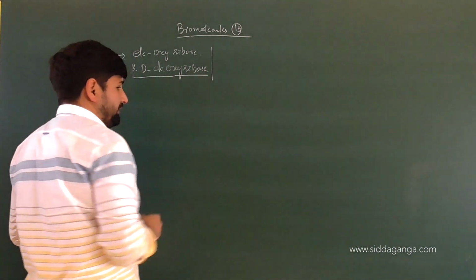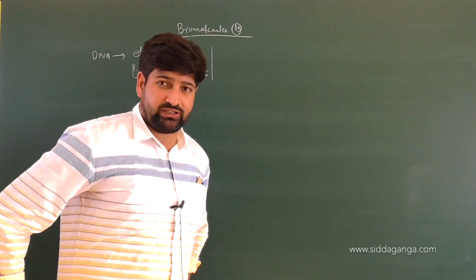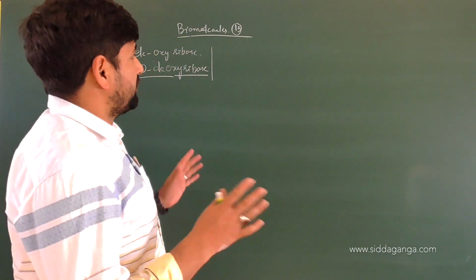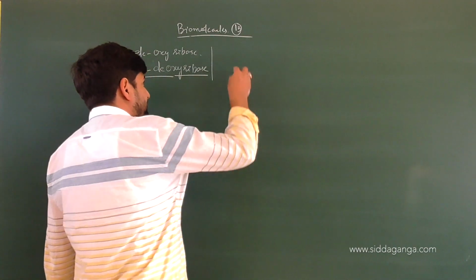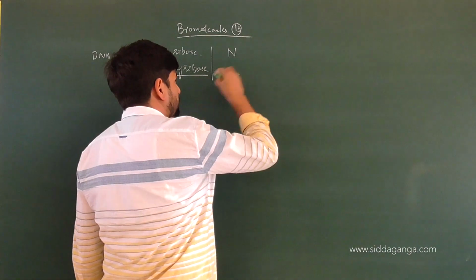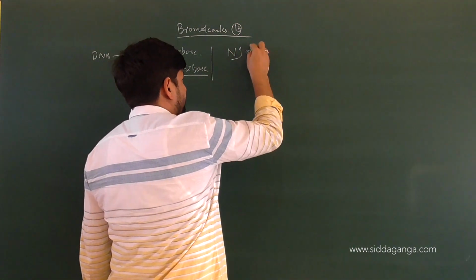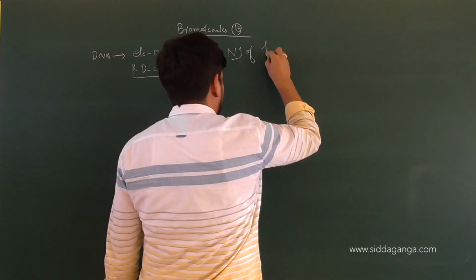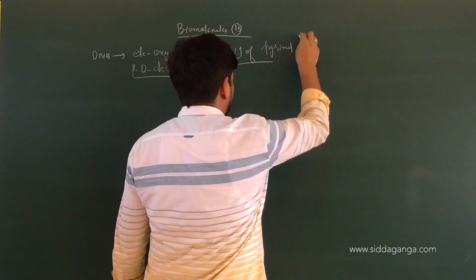And then for nucleotide formation, I talked about different types of nucleotides. Nucleotide formation we have not talked about. We talked about basic elements. There we mentioned that the nitrogen 1 of pyrimidine, and what are the different pyrimidines we have?